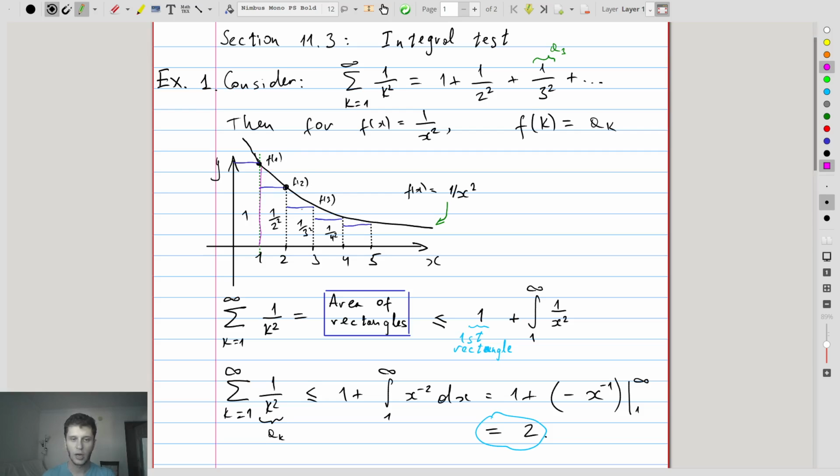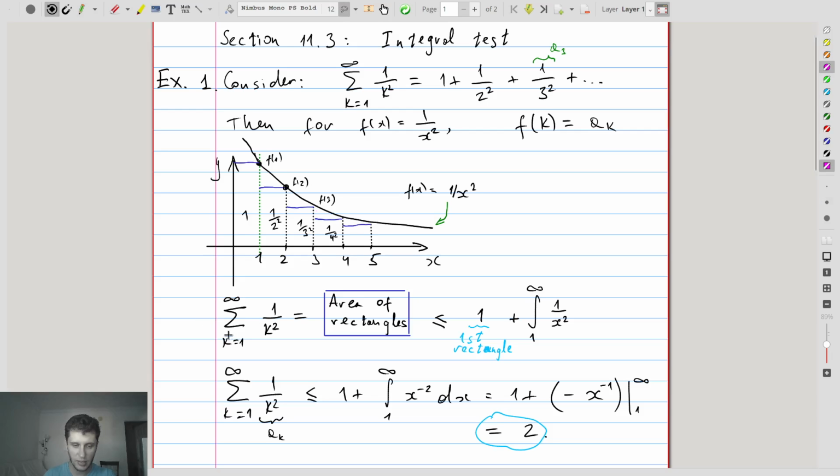All but the first rectangles are under the graph, and therefore their areas are at most the area under the graph. So if you look at the rectangles starting from the second one, their areas are under the graph, and we get this estimate.